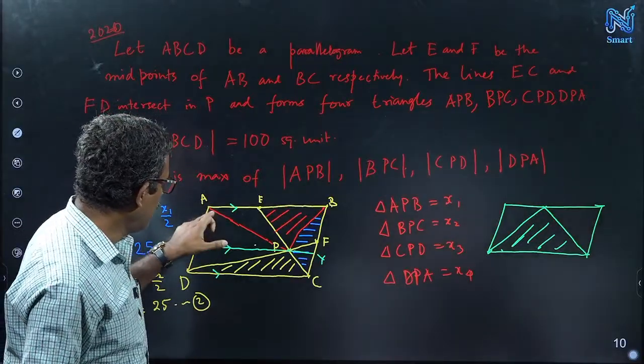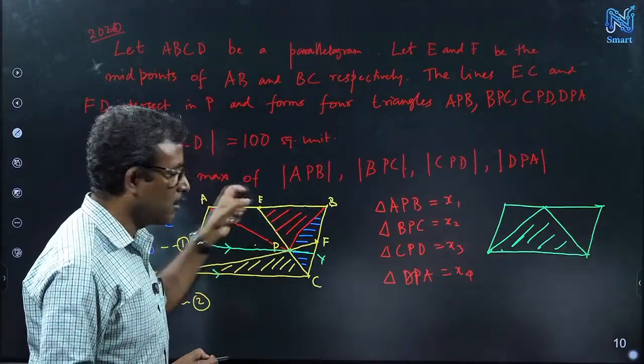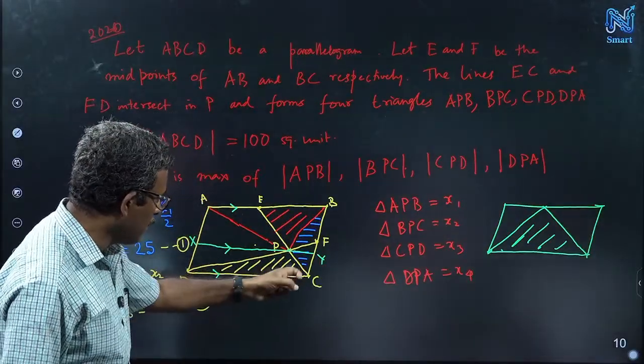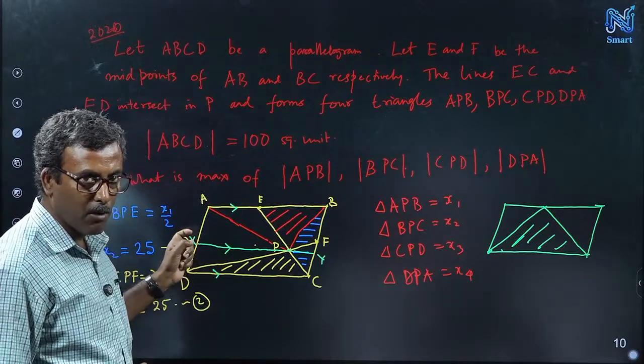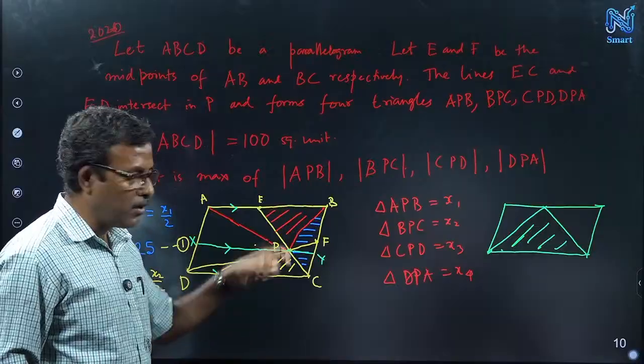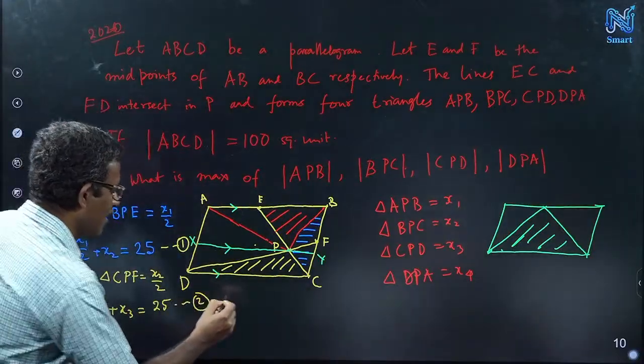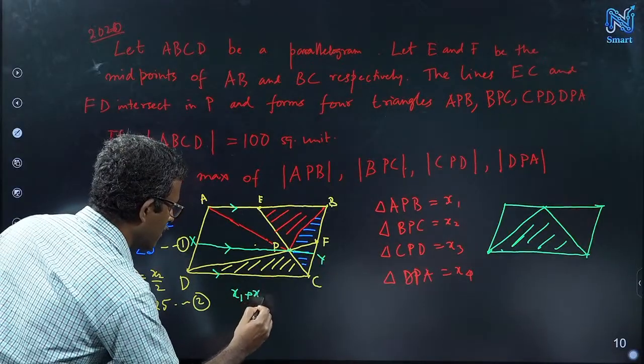Now this area APB x1 is half of this parallelogram, and this x3 is also half of CDXY. If we add this, x1 plus x3 is half of the whole parallelogram, so it is 50, right? So x1 plus x3 is 50.